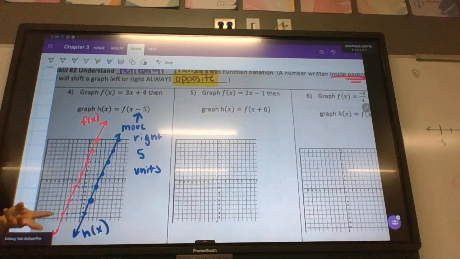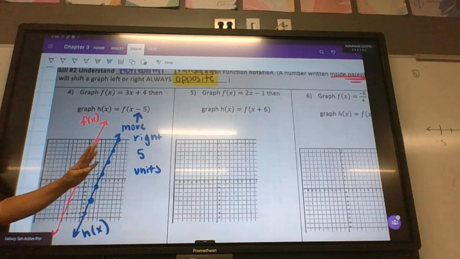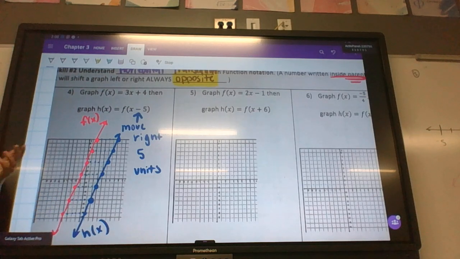If you have a highlighter, you can keep the original f function in pencil, and then for the second one, highlight it to show that it's the new one, the shift. Sometimes that's nice. Or a pen. Just do it in pencil first in case you mess up and have to erase.